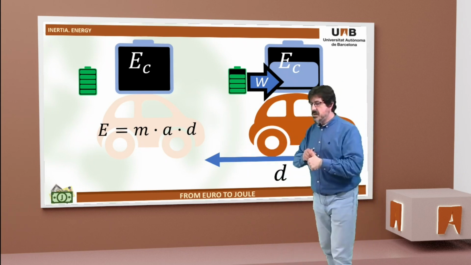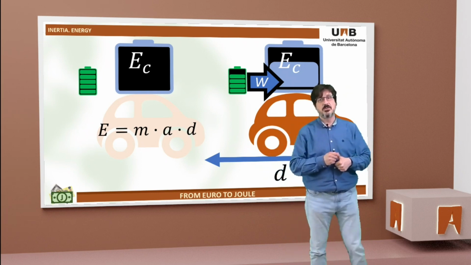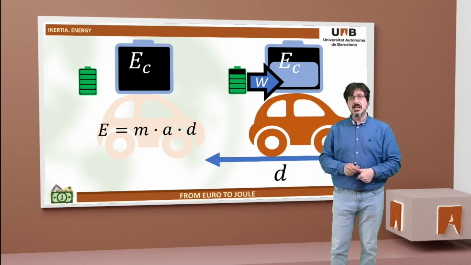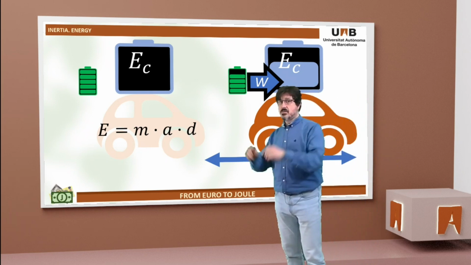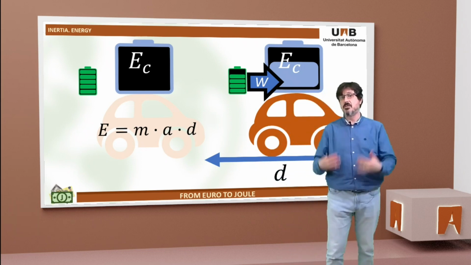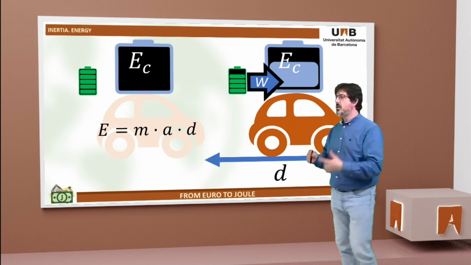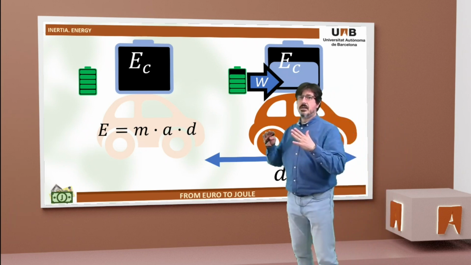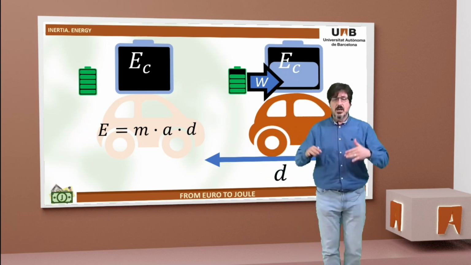So this means that if I want to reduce my energy consumption inside my city, I have to use reduced-mass cars. The lower the mass, the better the performance, so the lower the energy that I need. And I need to avoid large accelerations. I need to go slower.